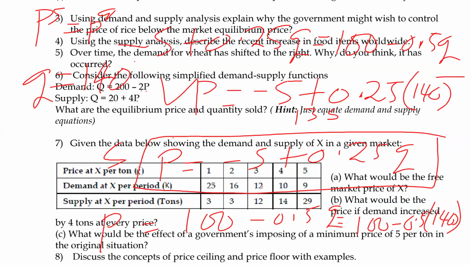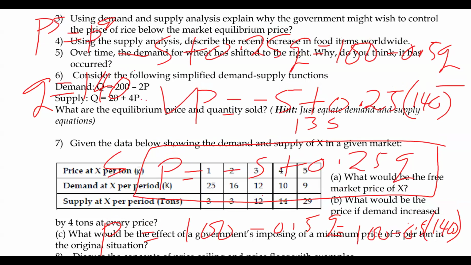Okay, I'm here. So I was saying now we are replacing in the demand function. So you shall have 100 minus 0.5 times 140. What do you find? 100 minus 140?